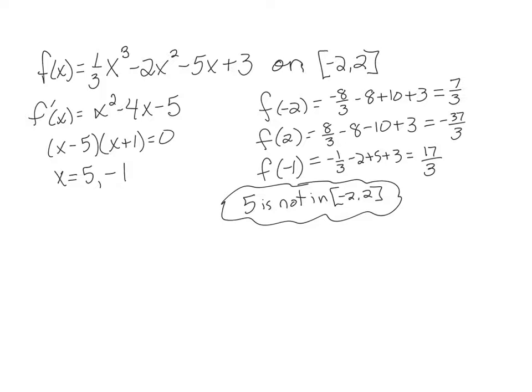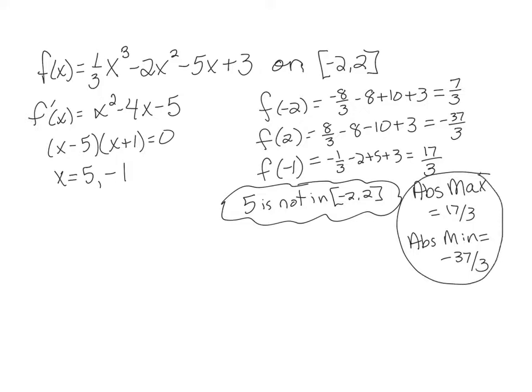There we go. Now your highest value will be your absolute max, and your lowest value will be your absolute min. And remember, we didn't bother with the 5 because it wasn't on the closed interval that we were looking at.